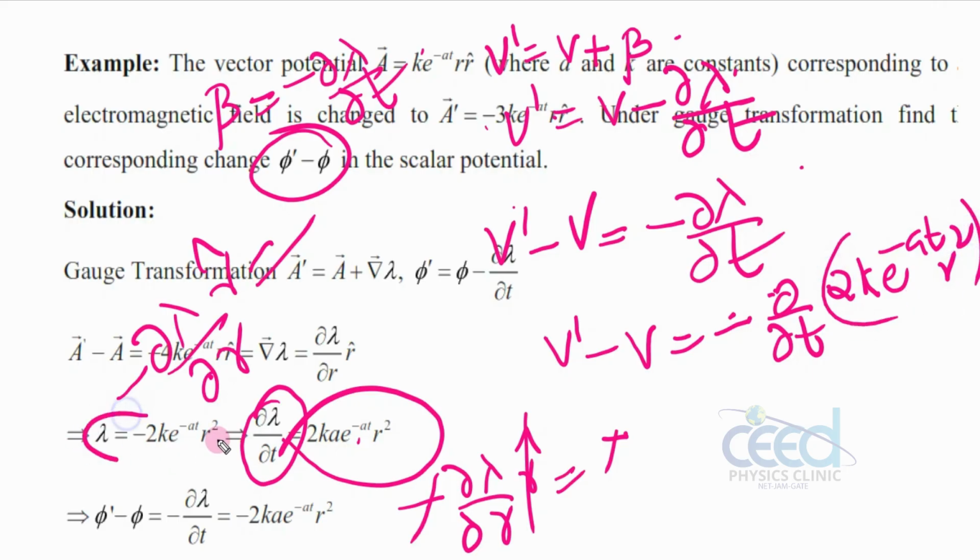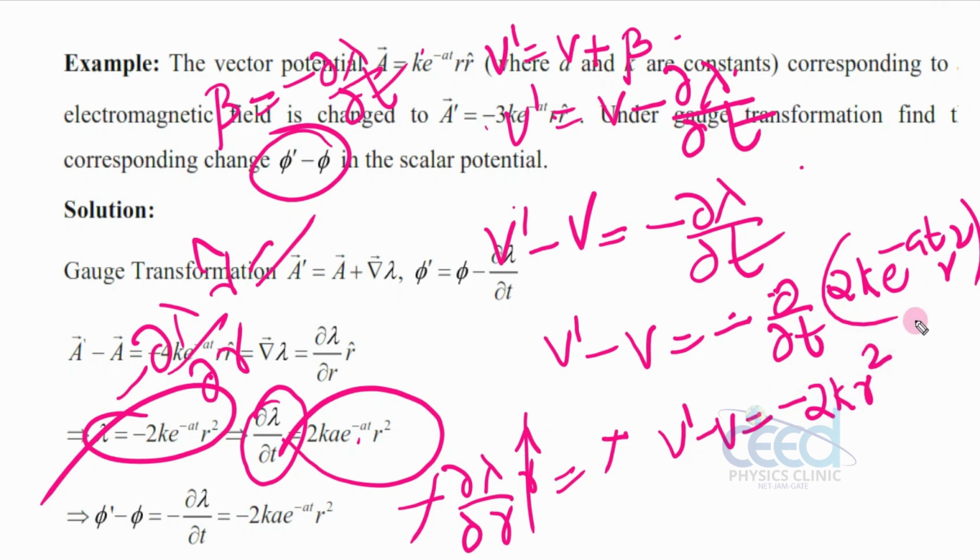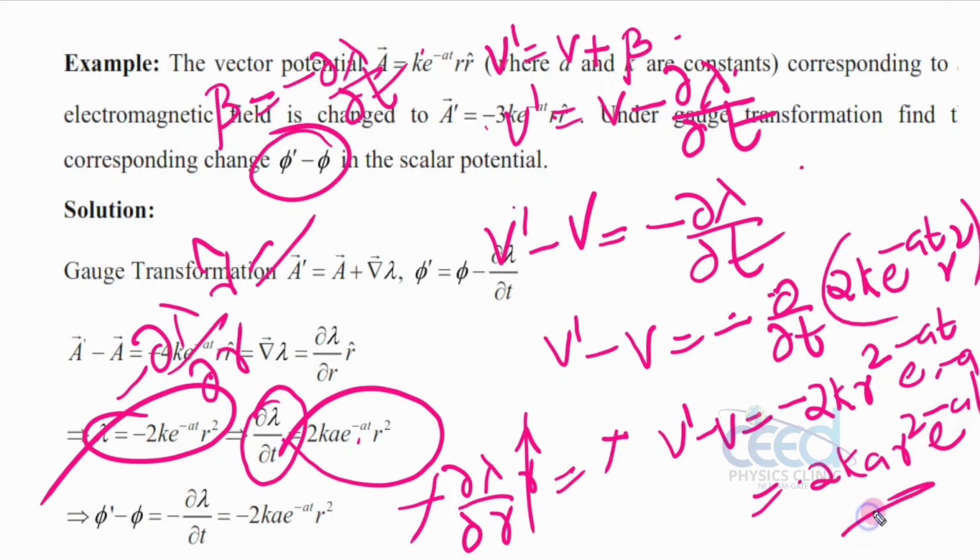This is the lambda value we solved. Now V dash minus V is equal to minus 2k r², you take e^(-at), on differentiating e^(-at) into minus a, then 2ka r² e^(-at). That is the answer. All right.